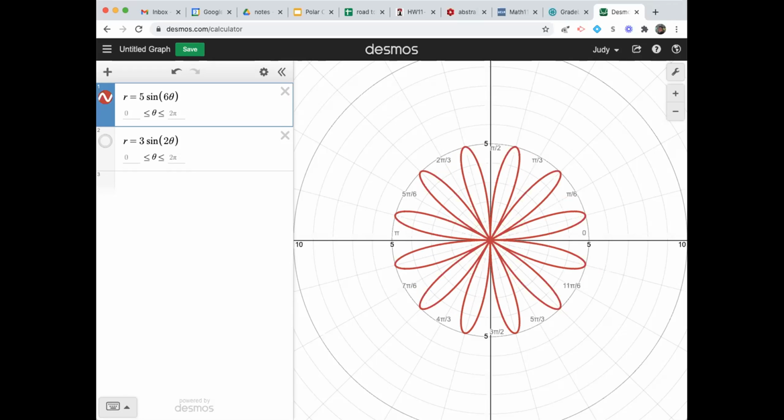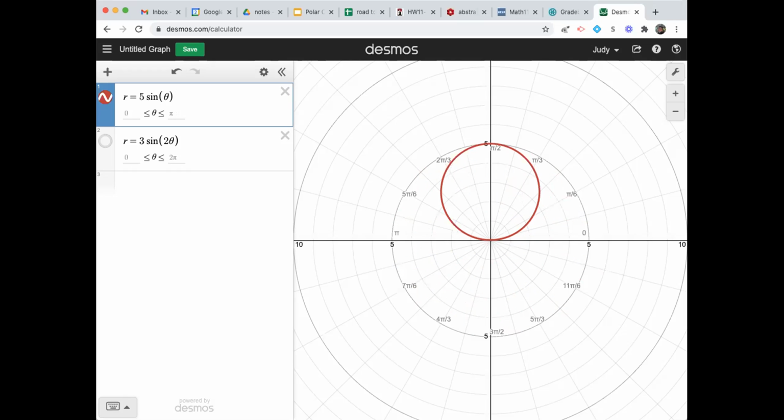Okay. Now, let's see what happens if I make this number an odd number. So let's say 3. If I put in a 3 in front of the theta, how many petals do you think we'll have? 5. 6, 6.